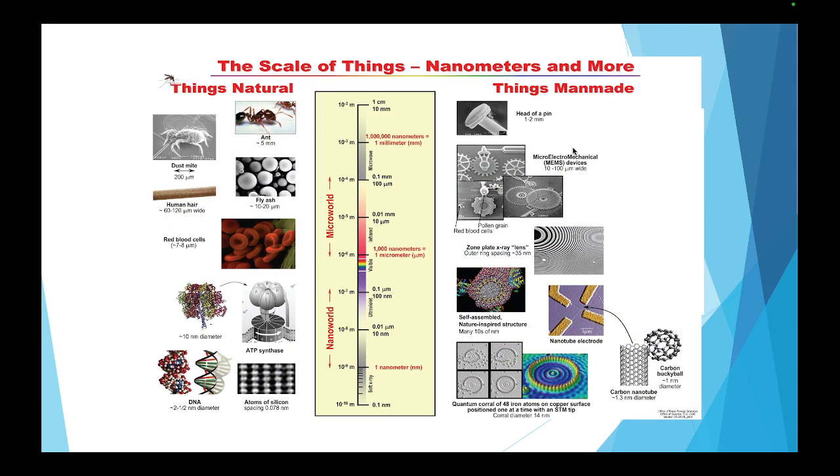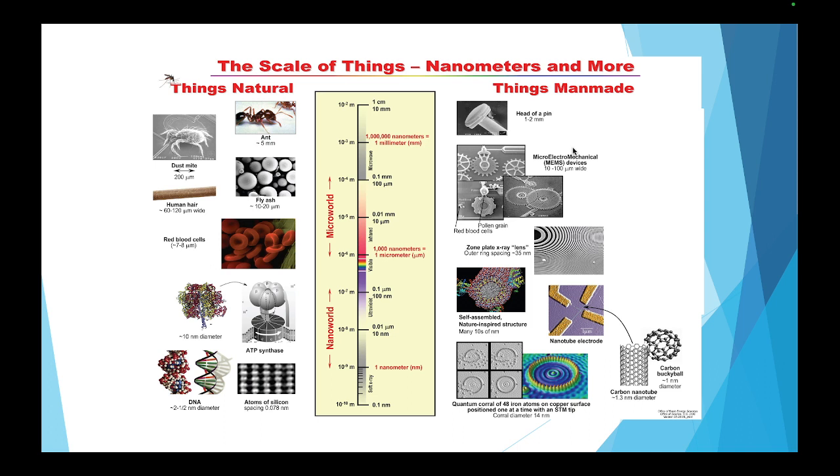Now let us talk about the scale of things, man-made versus natural things. So we can see from this slide that on the left hand side there are natural things. It means an ant, red blood cells, and various other entities like DNA.